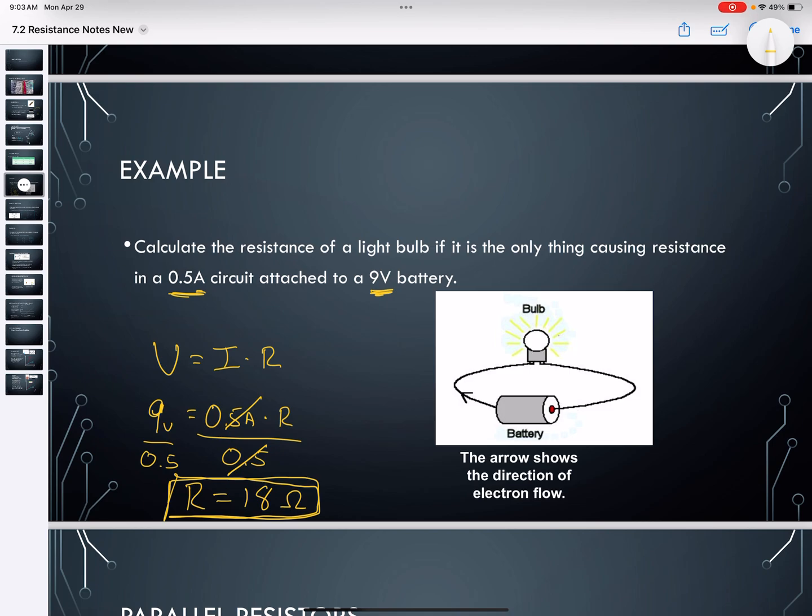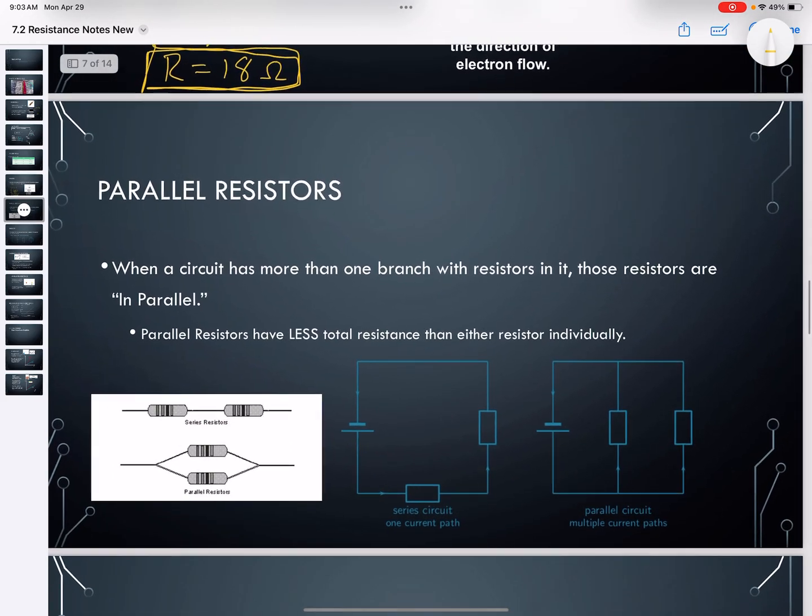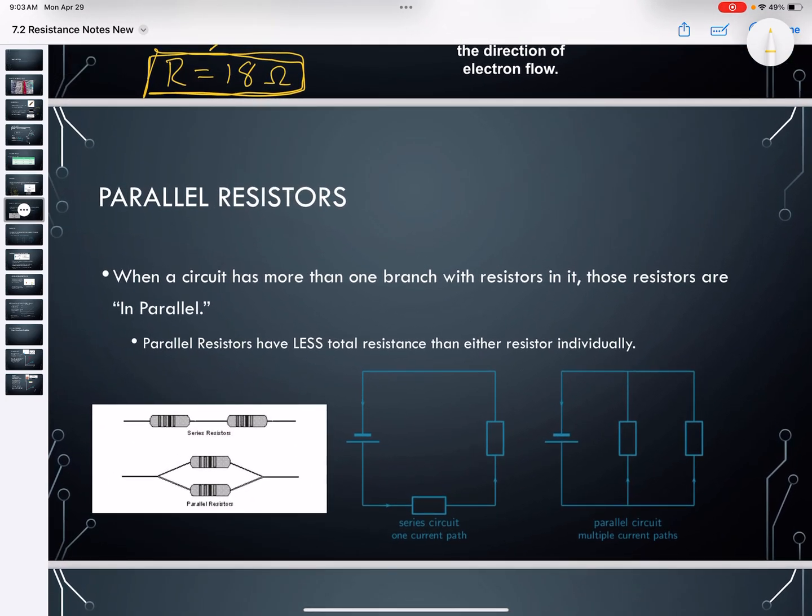Now, how much resistance we have in a circuit is determined by how those resistors are set up. So let me introduce you guys to the concept of series and parallel. If I have a circuit that has more than one route for electricity to take to go from the positive side of the battery to the negative side of the battery, we consider those things to be in parallel.